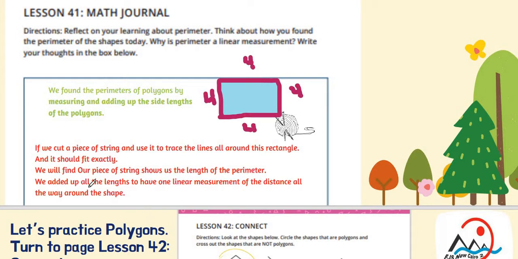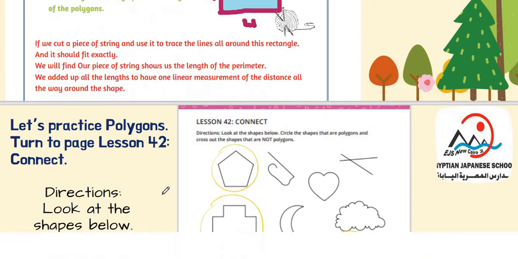So when we add up all the lengths to have one linear measurement, when we stretch it and show it as one piece of string, we will get the distance of our perimeter all the way around the shape. Okay?